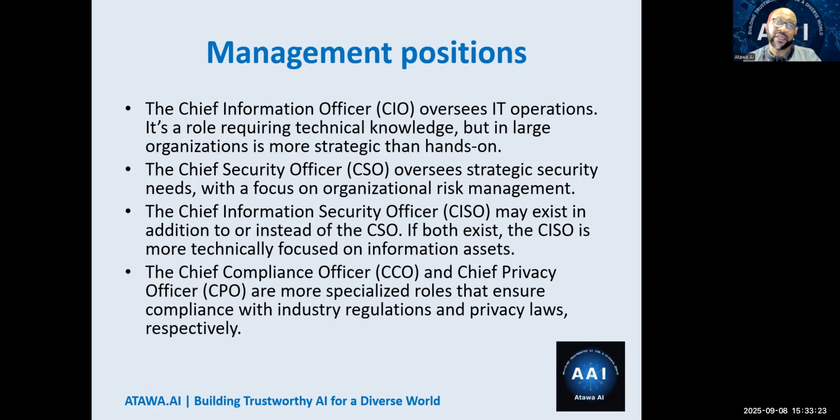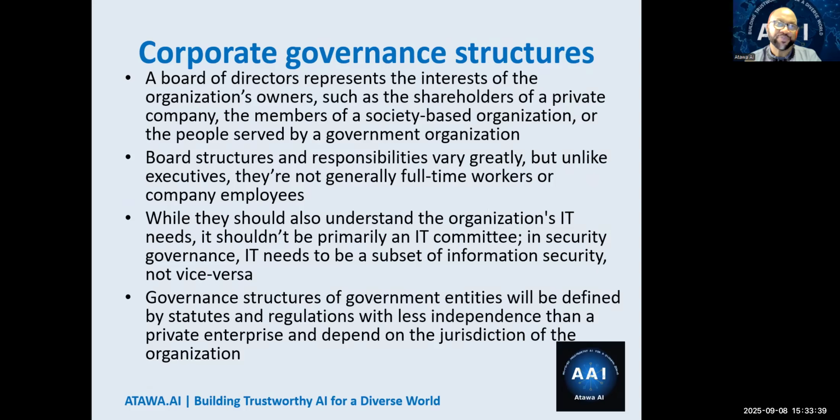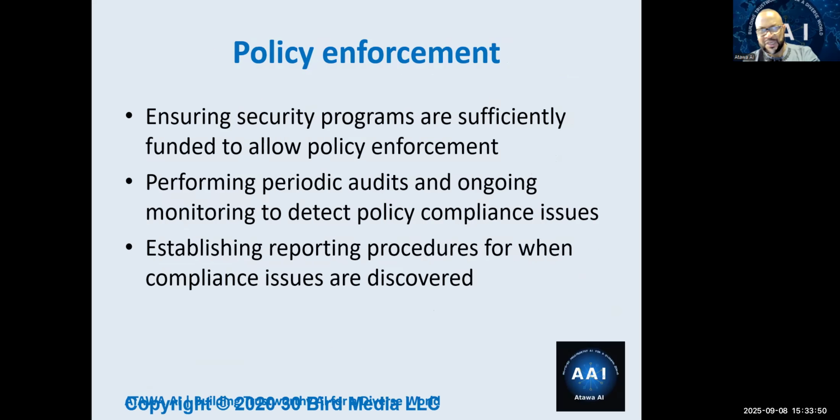If there's no CSO, under the CIO, the Chief Information Officer that oversees the whole IT operations, right? The Chief Compliance Officer or sometimes the Chief Privacy Officer is more specialized in privacy and such, right? So in corporate governance structures, you have a board of directors that oversees the information, and then they delegate down to the CEO and it goes down from there.